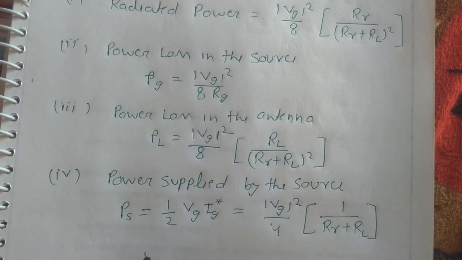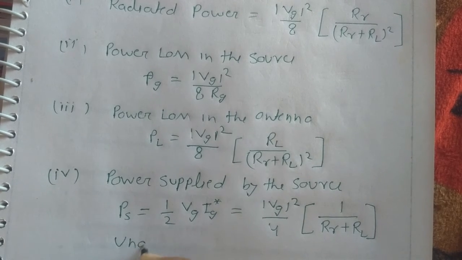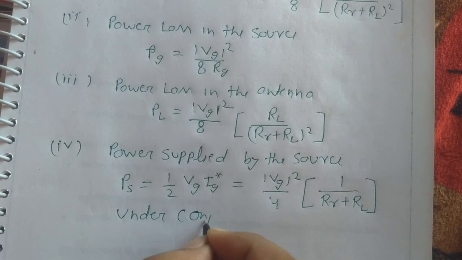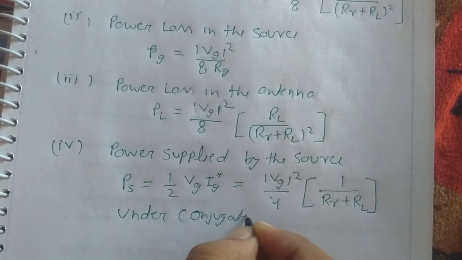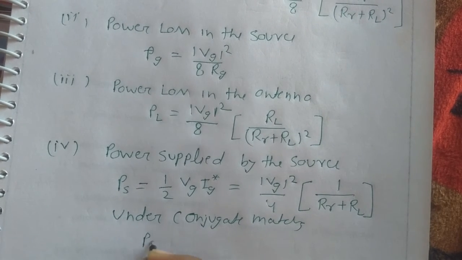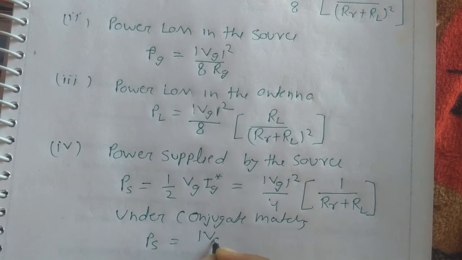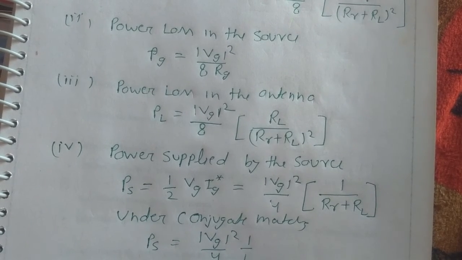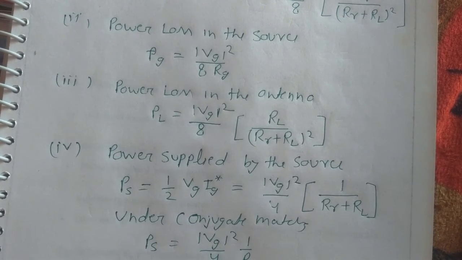Under conjugate matching, PS equal to mod of Vg square divided by 4 into 1 divided by Rg.